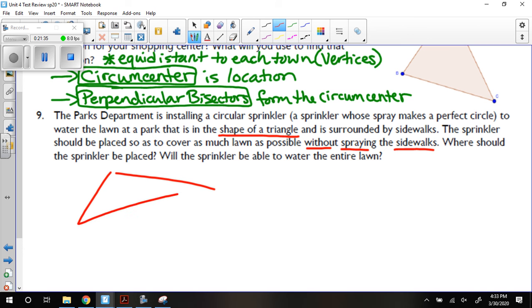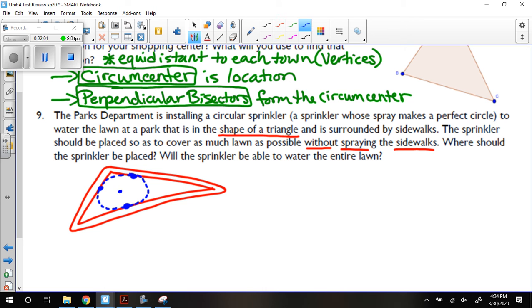Here, if you want, I can draw you a picture. Here's our triangular park, and we want our sprinkler to spray a circle inside of our triangle without actually hitting the sidewalks that form this triangle.